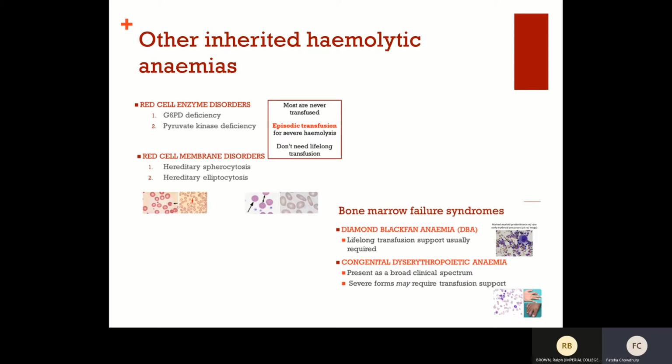So there are a number of other inherited hemolytic anemias, and these include the red cell enzyme disorders and the red cell membrane disorders. For these patients, they may need episodic transfusion, particularly for severe hemolysis episodes, but it's not usually lifelong transfusion. However, the bone marrow failure syndromes, so Diamond-Blackfan anemia or congenital dyserythropoietic anemia, may require transfusion support, and this may be long-term.